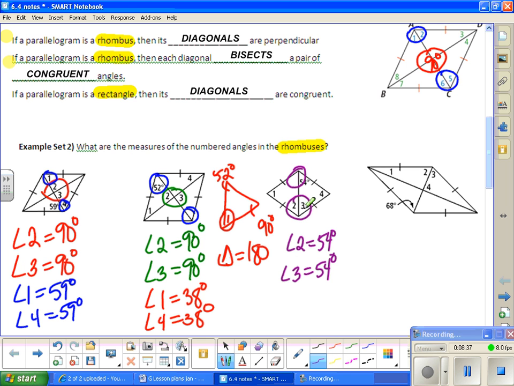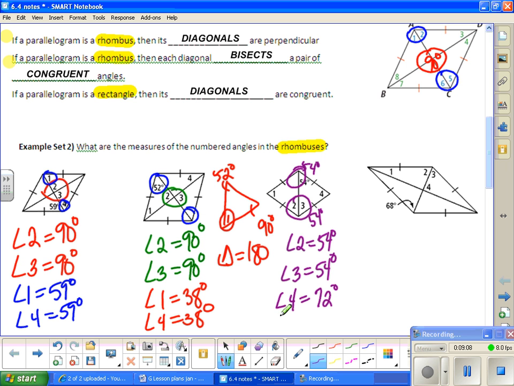If I know this is 54, and this is 54, and the whole triangle has to add up to give me 180, then I'm going to go ahead and say 180 minus 54 minus 54. So angle 4 is going to be 180 minus 108, which is 72 degrees.